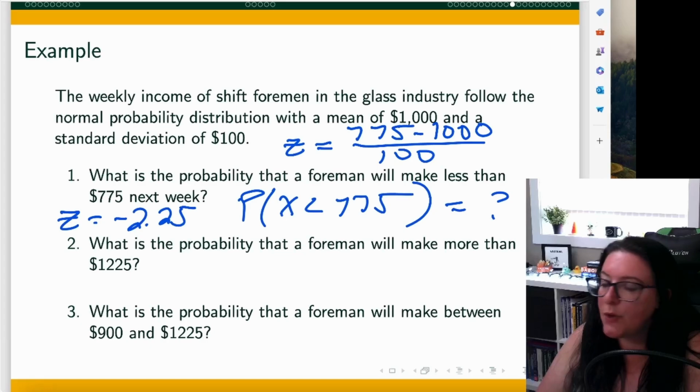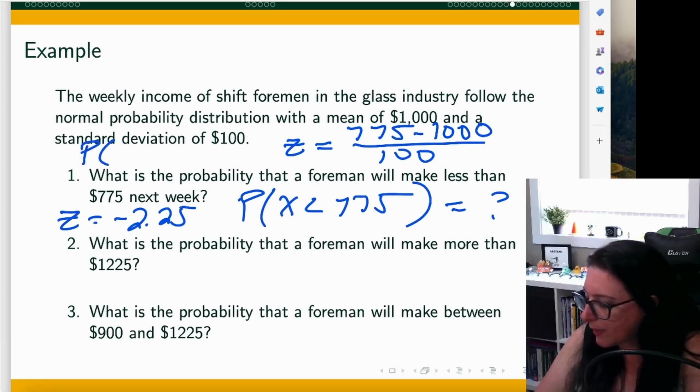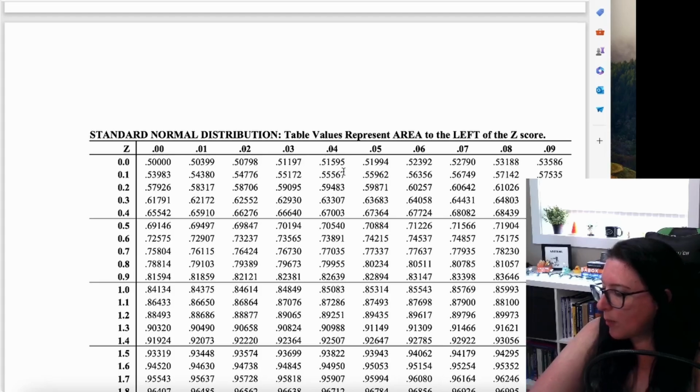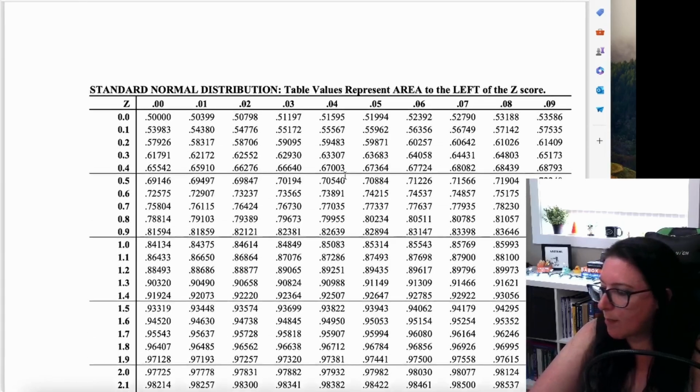So what we really want to know is what is the probability that we have a z less than negative 2.25. Okay, if you have a standard normal table, it will look something like this.